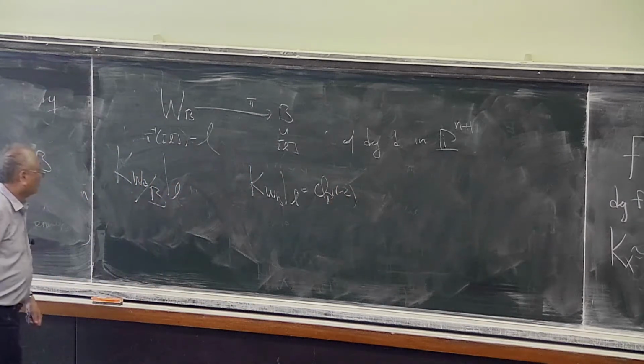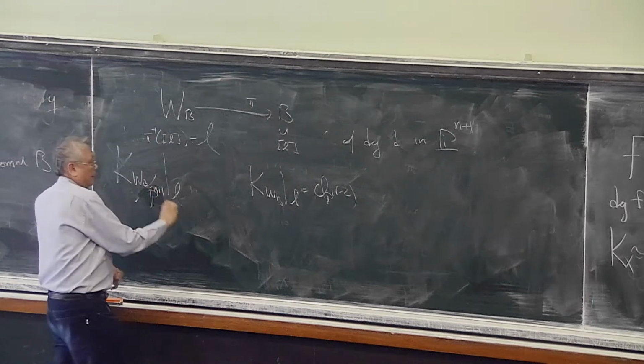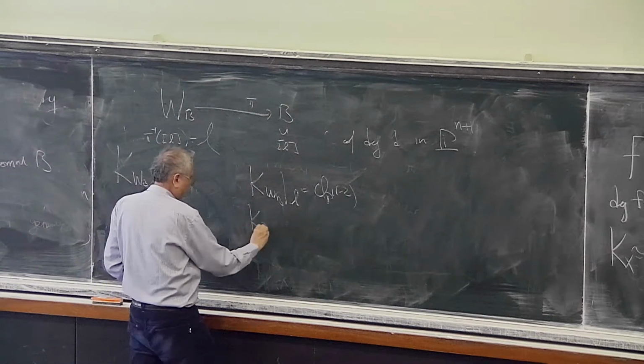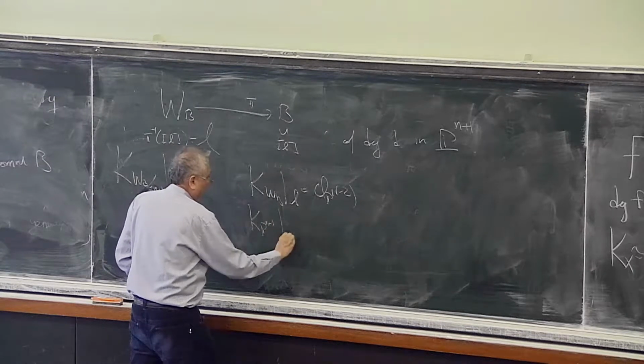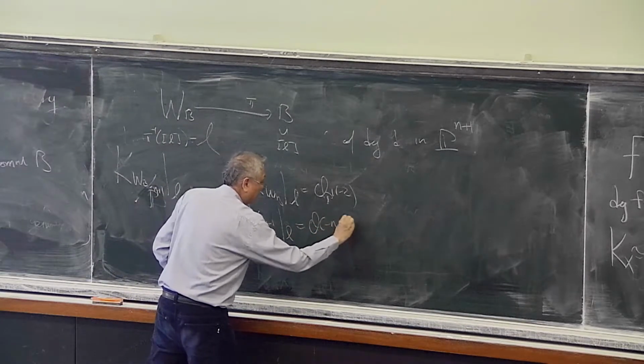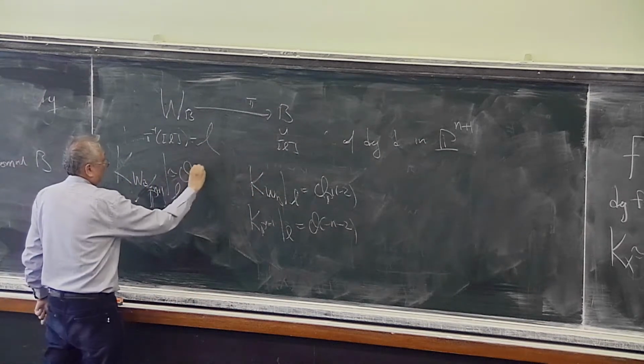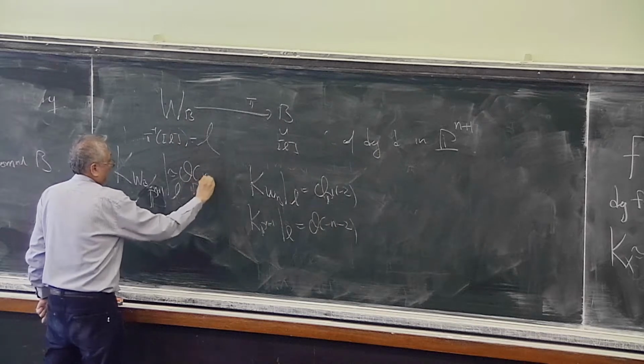And we know K of P^(n+1) restricted to the line is just minus n minus 2. And altogether, you see that this is just O_P1(n).